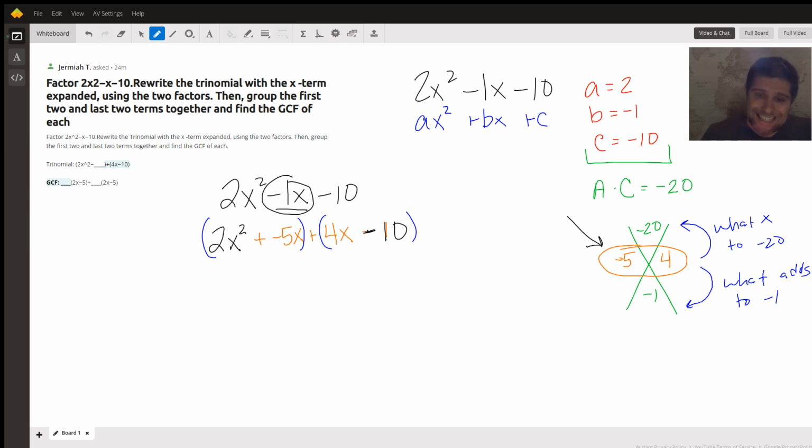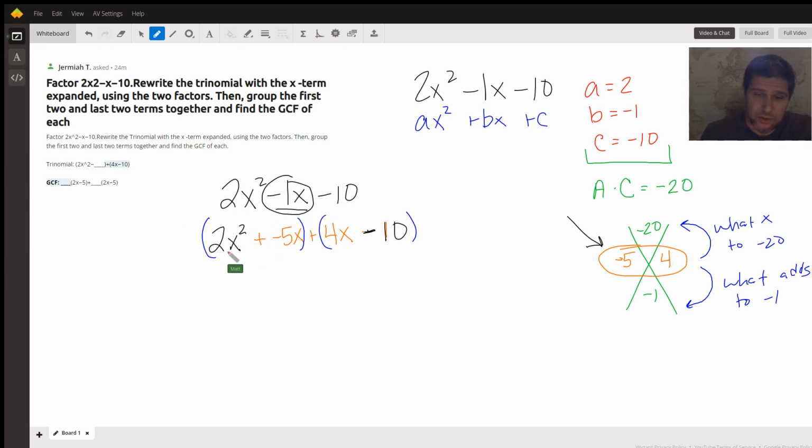The next step is to look at each specific group and factor out the greatest common factor. First, look at group 1, and ask yourself, from that one group, what is in common? What can I pull out? 2x squared plus -5x. The only thing it has in common is an x.